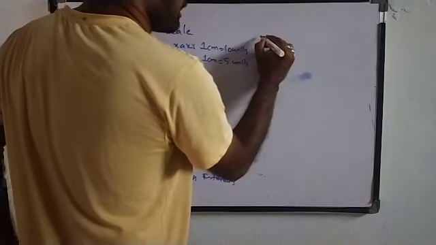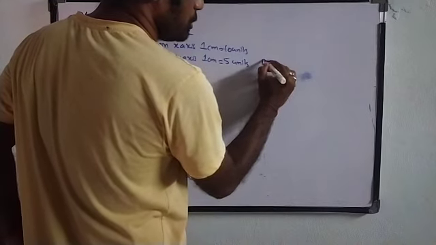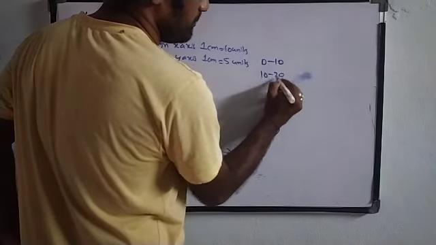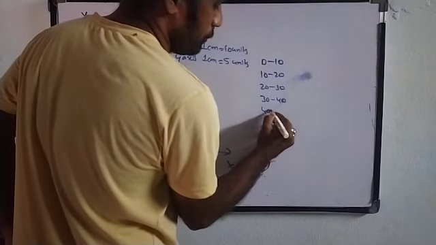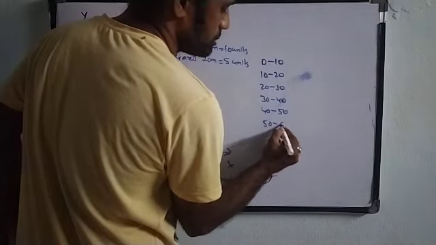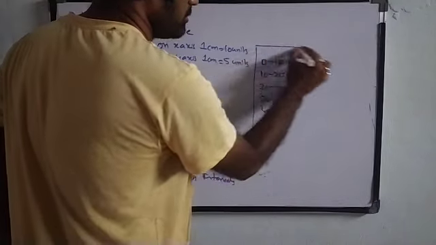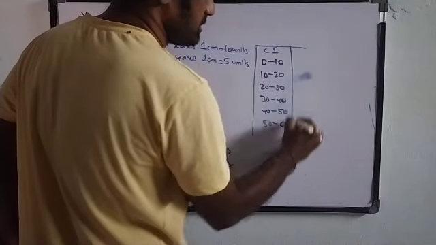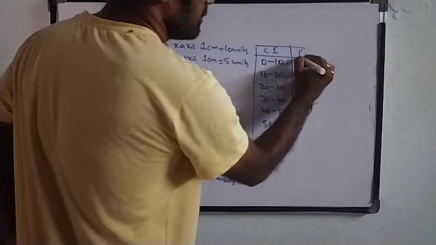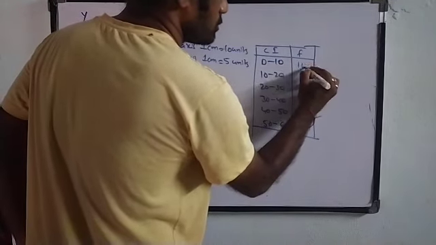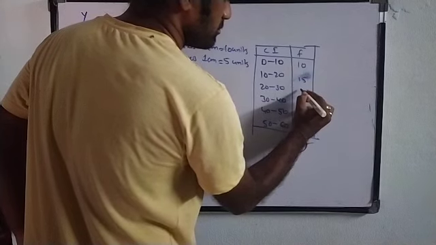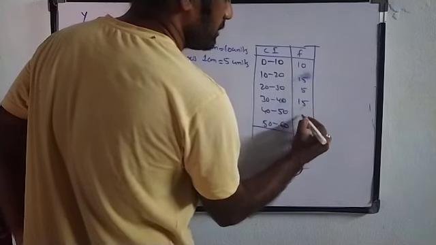Now if you observe the class intervals, I'll write here: class intervals 0 to 10, 10 to 20, 20 to 30, 30 to 40, 40 to 50 and 50 to 60. So these are the class intervals and frequencies: 10, 15, 5, 15, 3, 2.